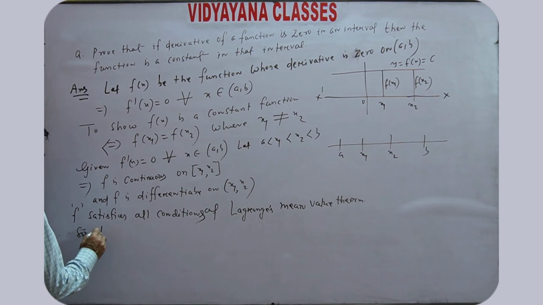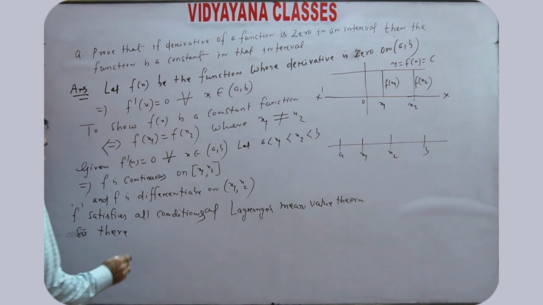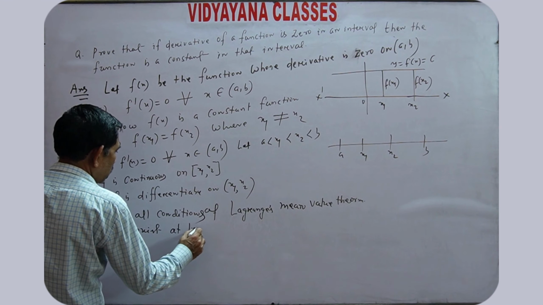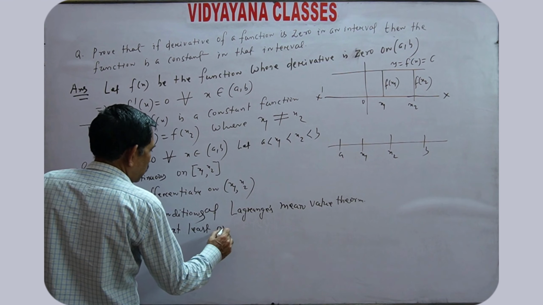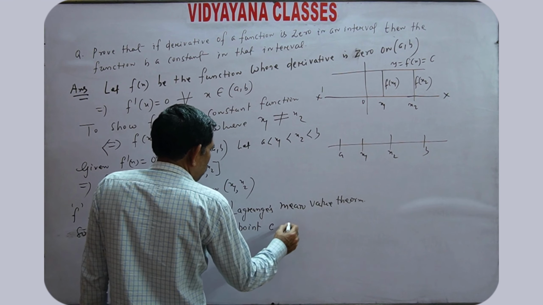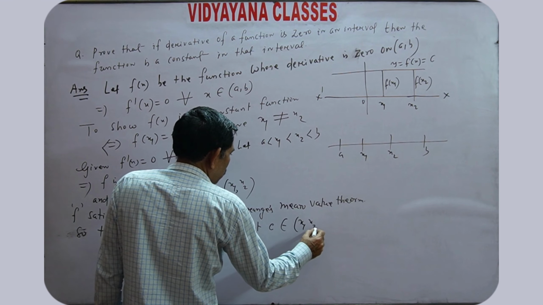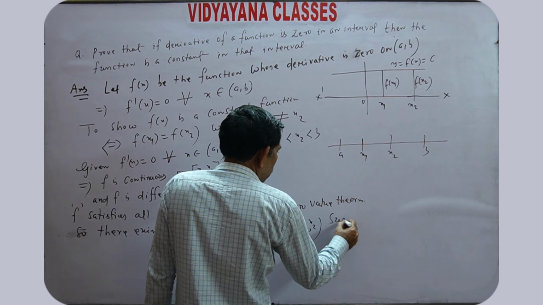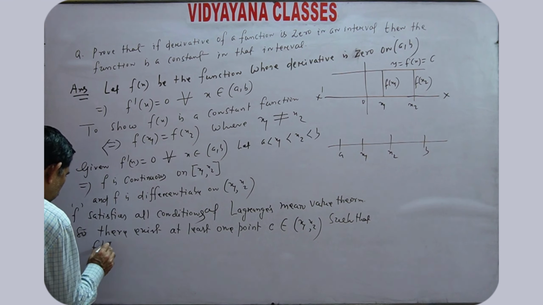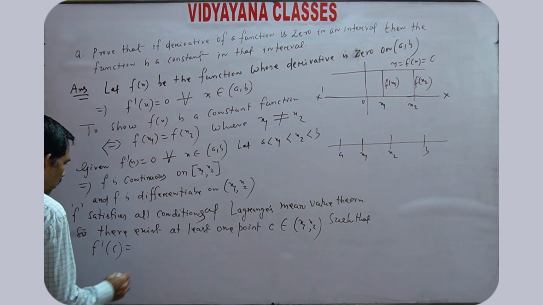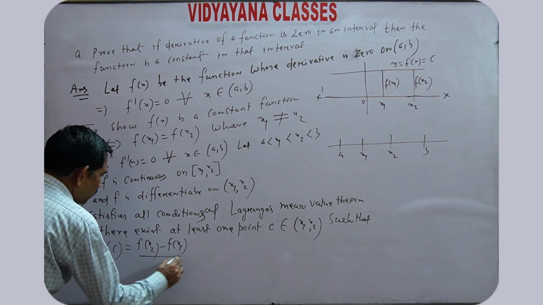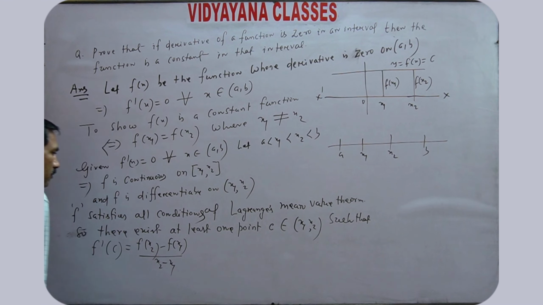So there exists at least one point c, c belongs to the open interval (x1, x2), so that f'(c) is equal to f(x2) minus f(x1) divided by x2 minus x1. Clear?